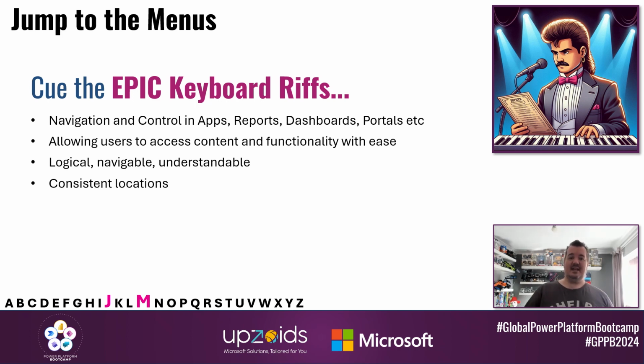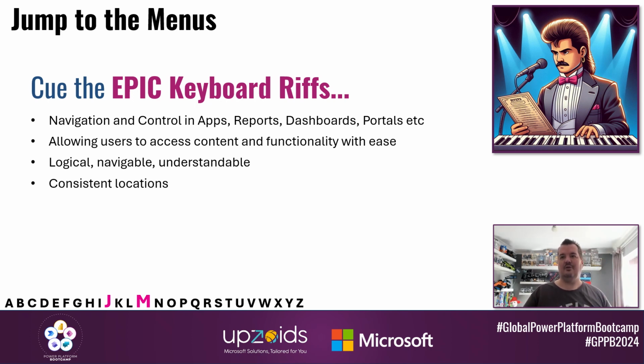One thing I will say is we need to make sure that we are very, very consistent in where we put these things. I have used genuinely apps where the menu started in the top left, then moved to the top right, and the next thing I know it's at the bottom left. If you're using a magnifier and you're having to hunt for where the menu is, it's not good experience.